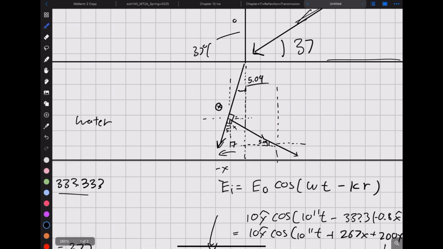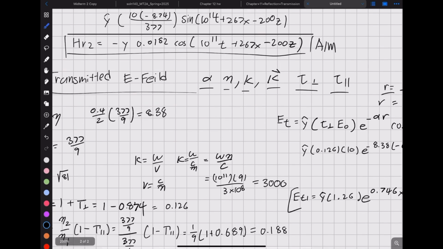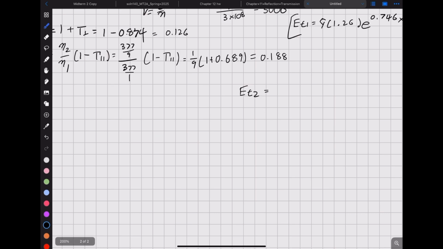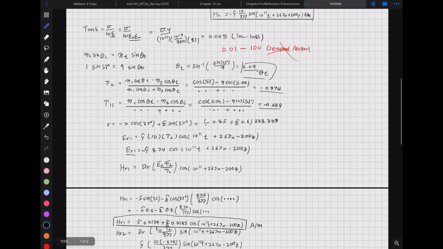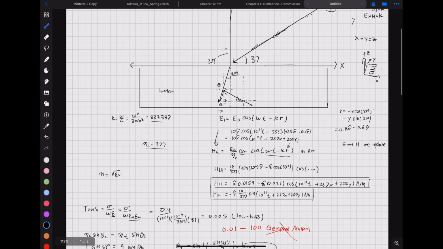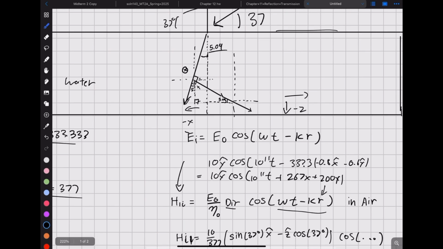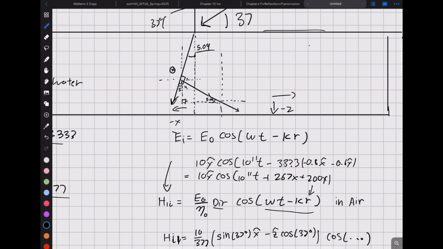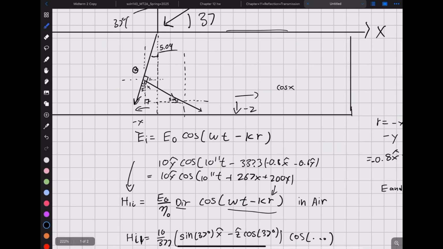So using this angle, we can find the direction for that one. The direction for that, we're going to have a positive x but a negative z because it's going this way, positive x, and it's going down. So negative z. Looking at the angles, we have a cosine theta in the x, and then a negative sine theta in the z component.